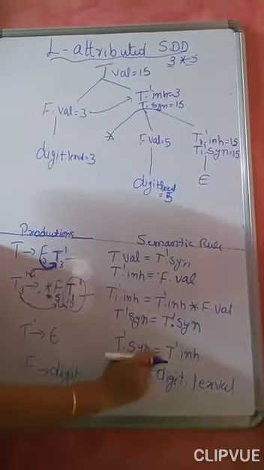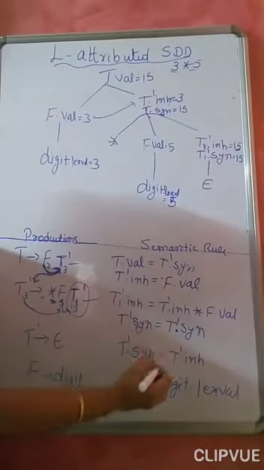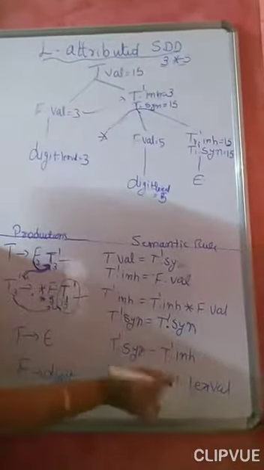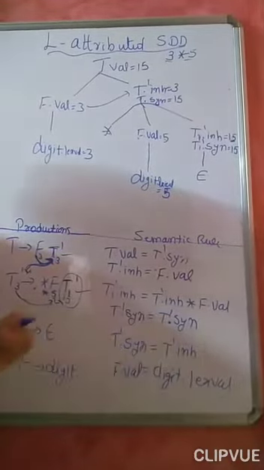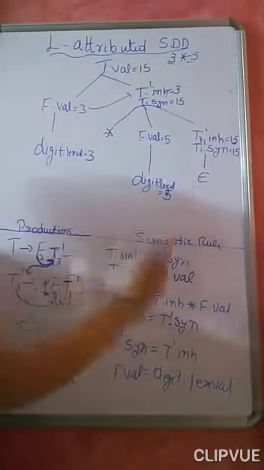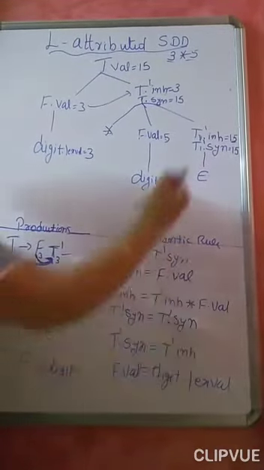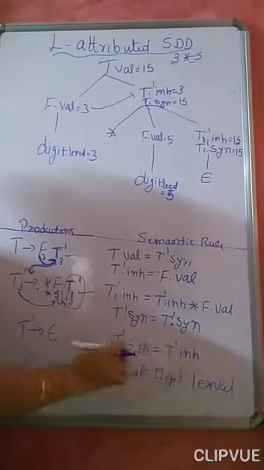T dash synthesized is equal to T dash inherited. Okay, so here it is nothing but 1 only, meaning it is at the body of the production, but here we are not writing it. So T dash synthesized is equal to T dash inherited. What is T dash inherited? You have 15. So that 15 will be copied here.